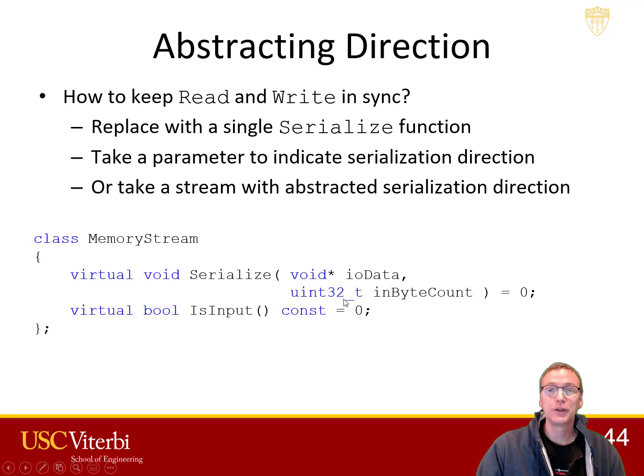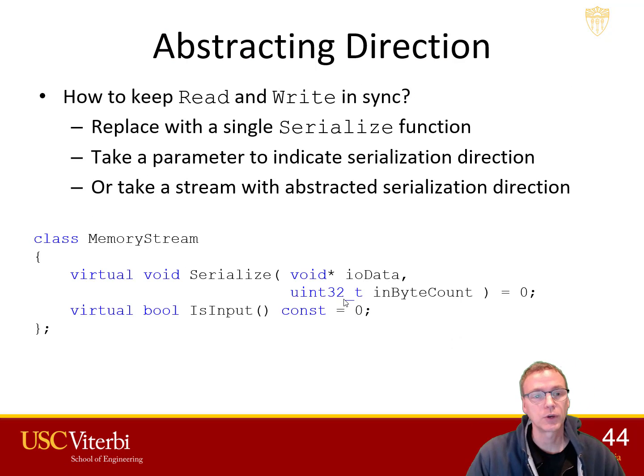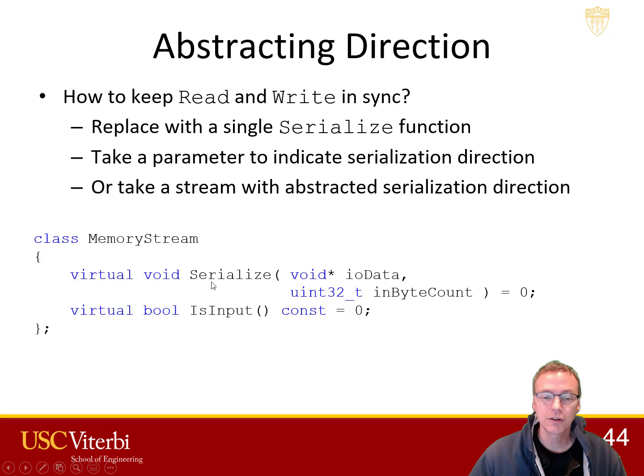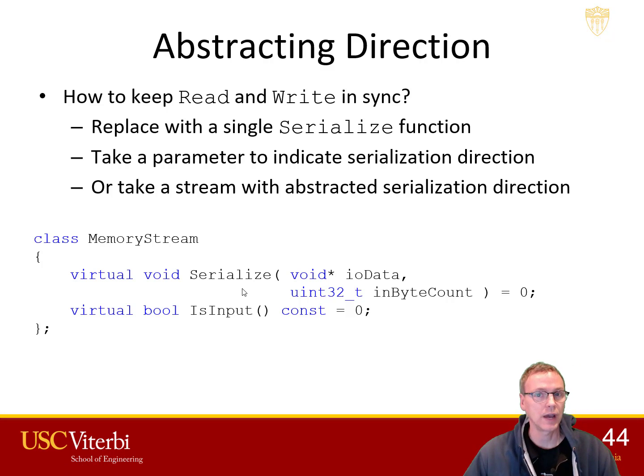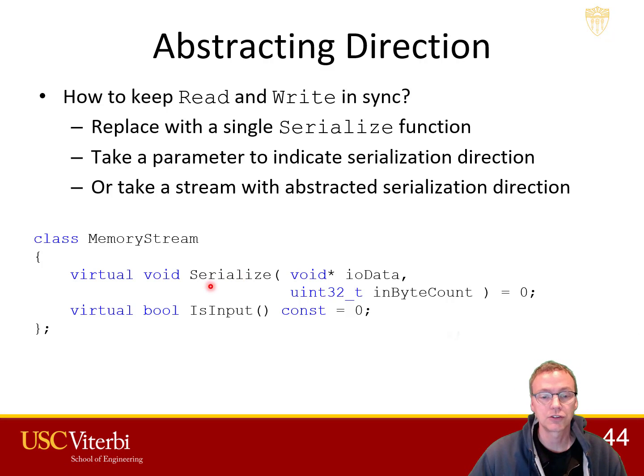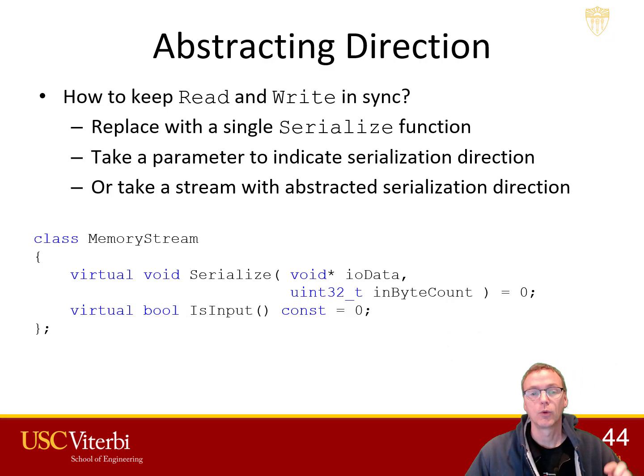So what do we do? Here's a little trick you can do to really improve that, and that is to write a single serialize function that works for both reading and writing. If you have a generic serialize function that can be either reading or writing based on whether this bool returns true or not, then we only have to write it one time.